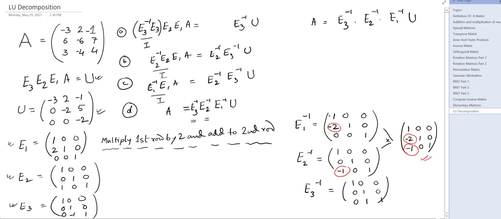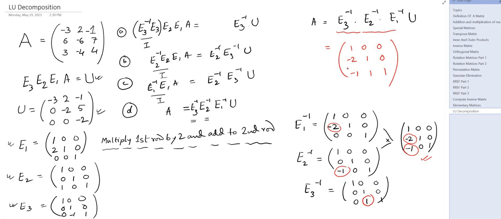In a similar way, if we multiply these 3, the matrix which comes out will be 1 0 0, then -2 1 0, then -1 1 1. This one is coming from here. Very simple, very easy. This is a simple way to multiply inverse elementary matrices.